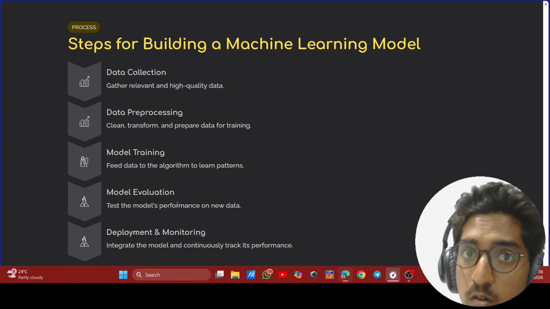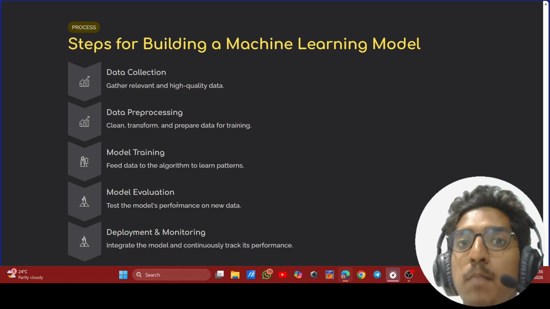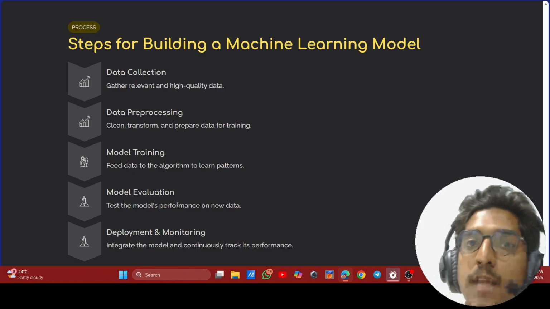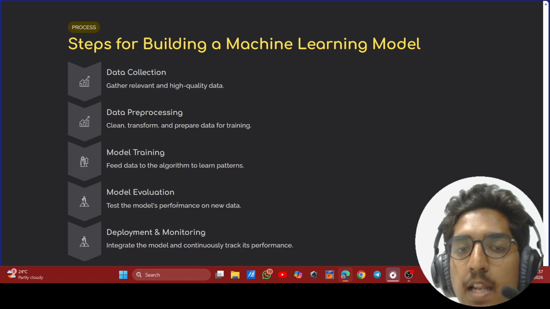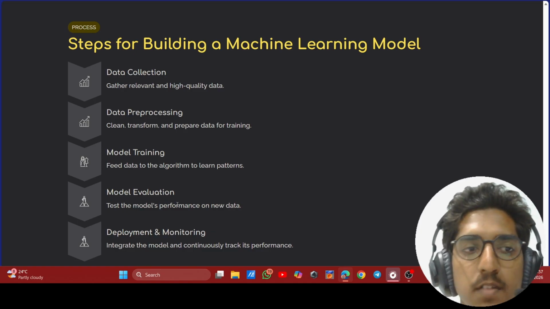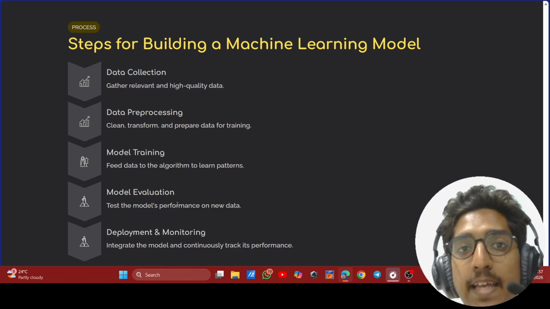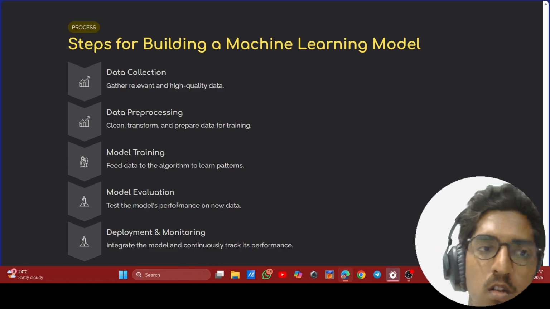So just monitor your model and keep updating it from time to time to keep it up to date. If we keep the model up to date, then our model will be well known in the market trend. So these were the steps for building a machine learning model.